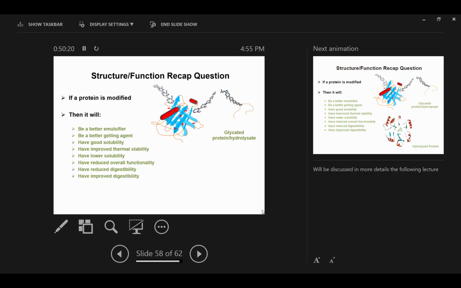Improved thermal stability, that's one. What else? Anything else? Yes. We have good solubility, I would say, over a broad pH range.